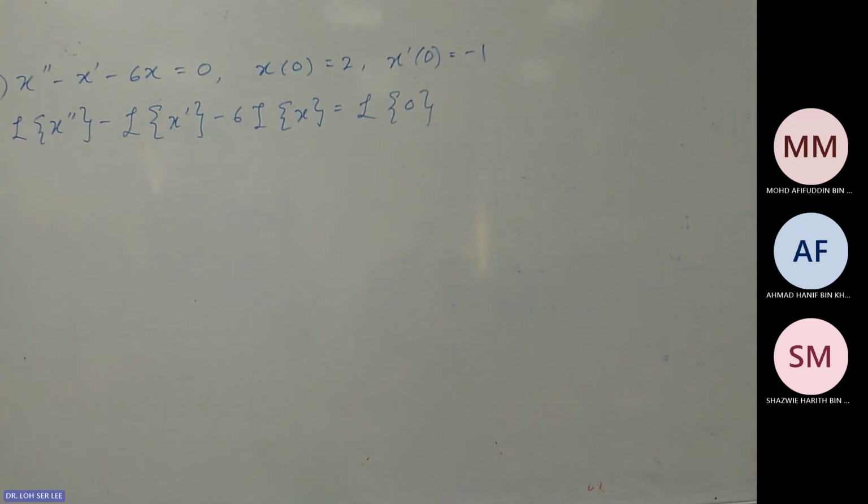Solving a differential equation using Laplace transform is coming up in your final exam every year. If you look at your past year question, you can always find solve a differential equation using Laplace transform.